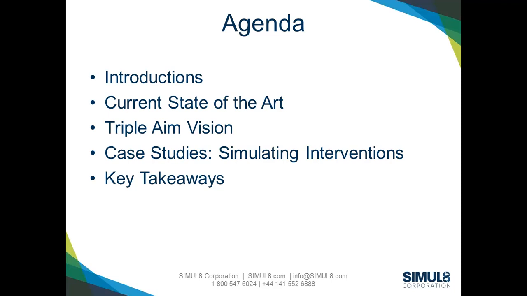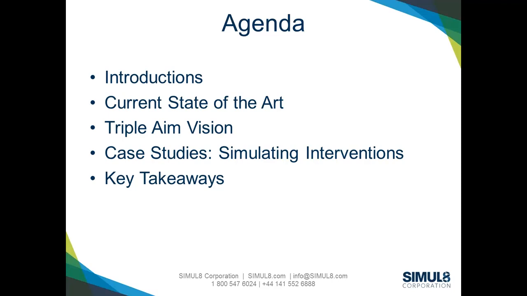We've already done a little bit of our introductions, and we're going to talk about population health and about some of the trends that are happening in the area and some of the things that people are looking into. Kind of talk about the current state of how population health decisions are made and kind of where we'd like to see that go.